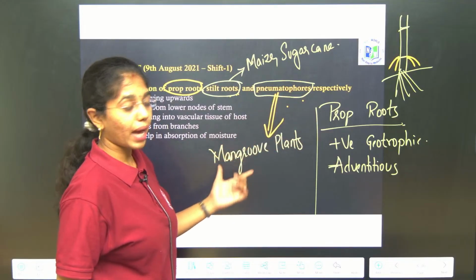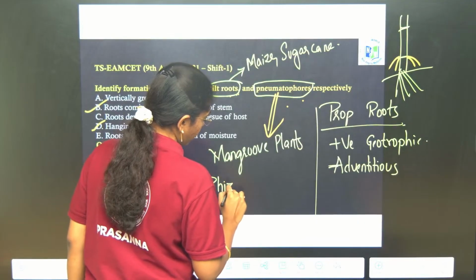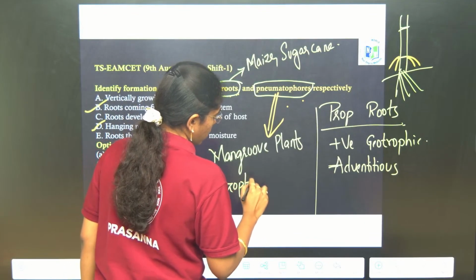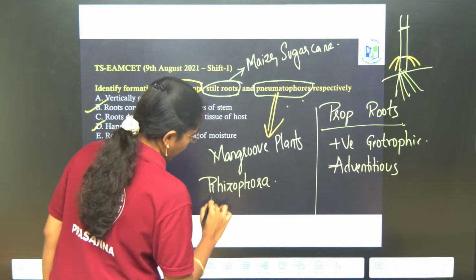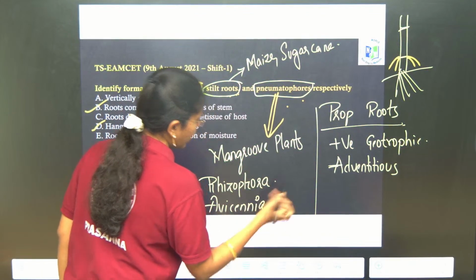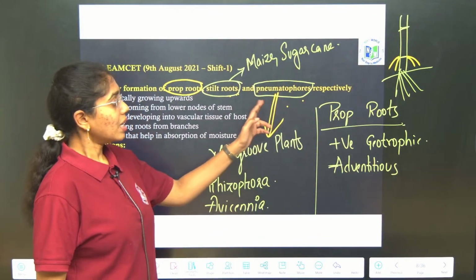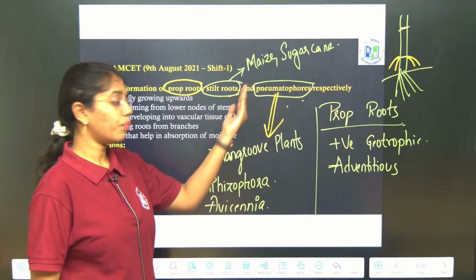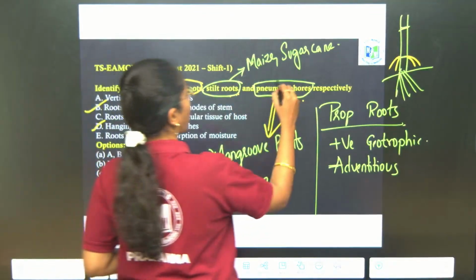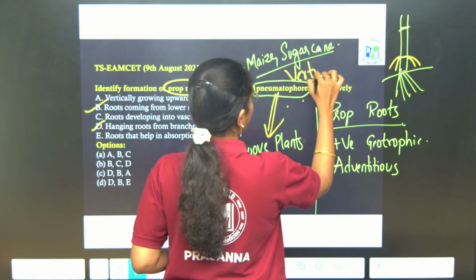These are seen in mangrove plants like Rhizophora and Avicennia. They grow vertically upwards, so they are also termed vertical roots.